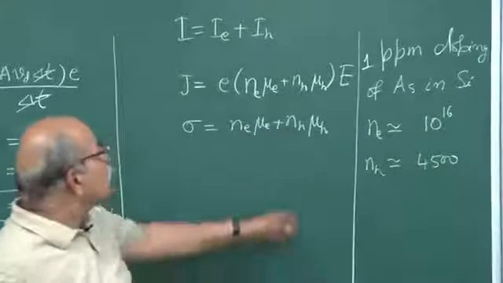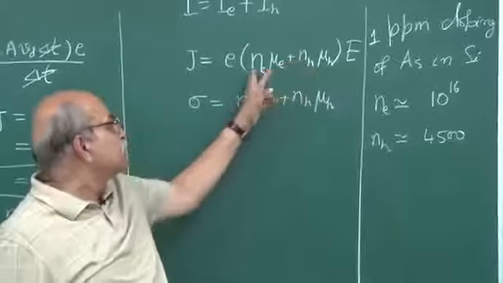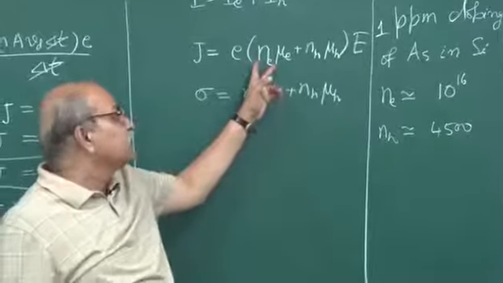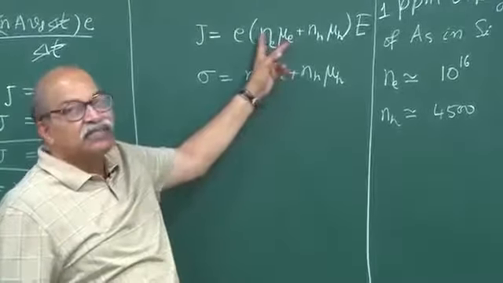So number of holes is so small as compared to number of electrons that the contribution is coming only from this part.